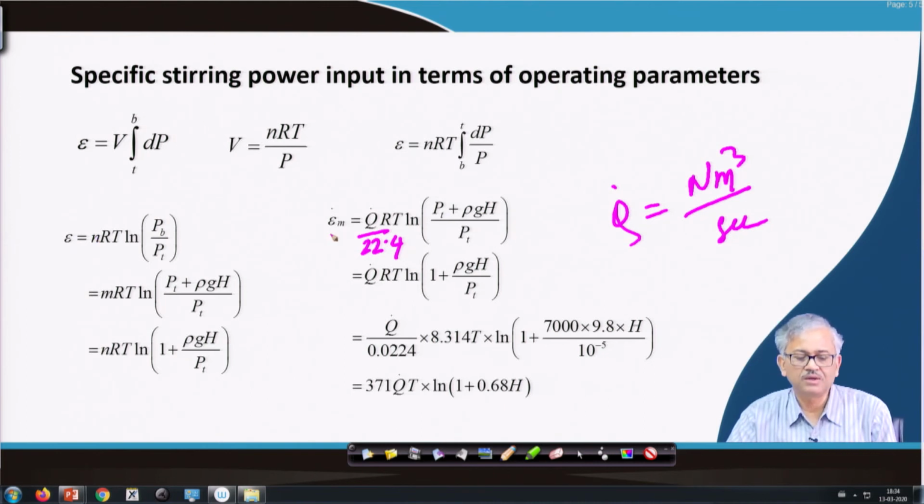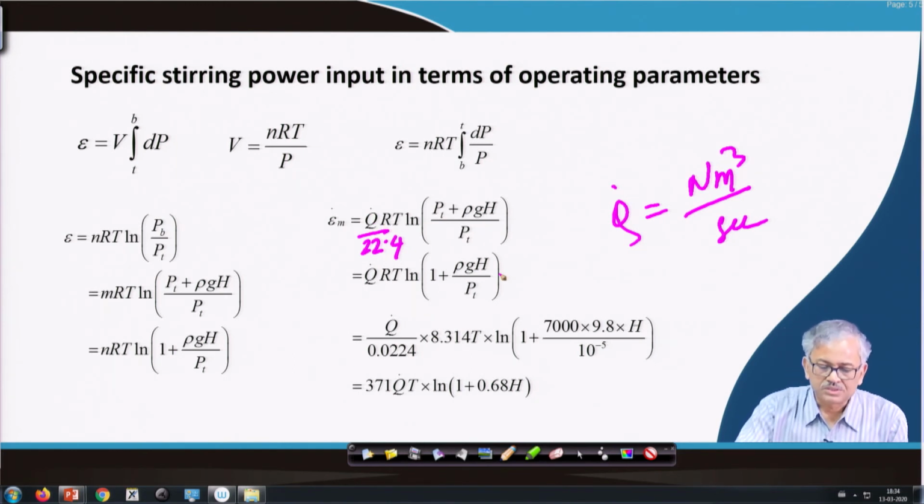I have made it a rate because I want epsilon to become the power input now. So per unit time, how many moles of gas are entering, right? And then R into T, whatever is there.